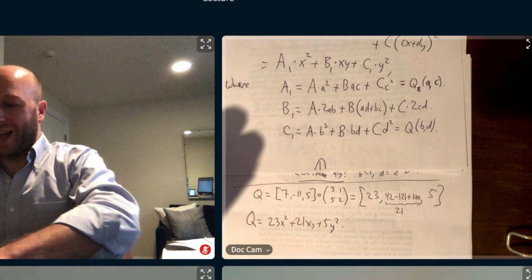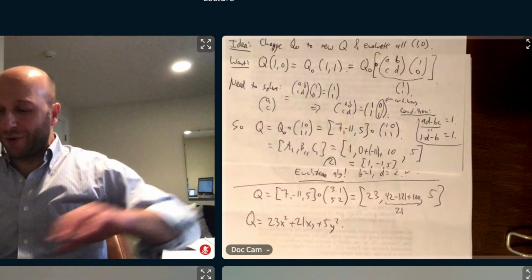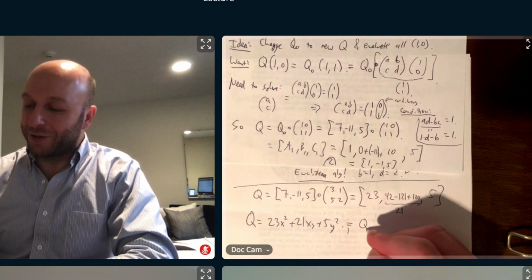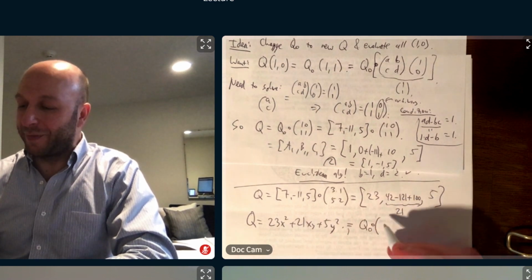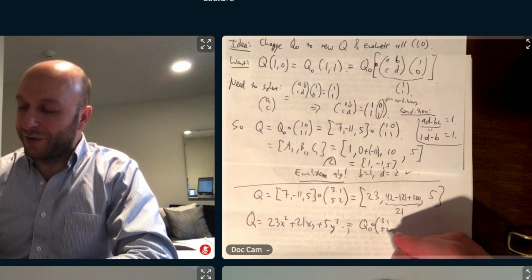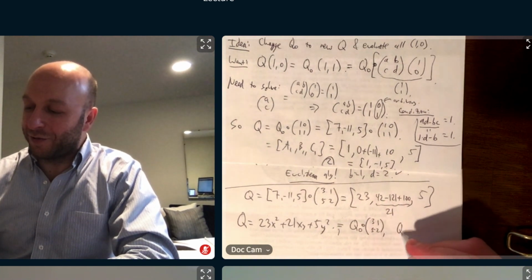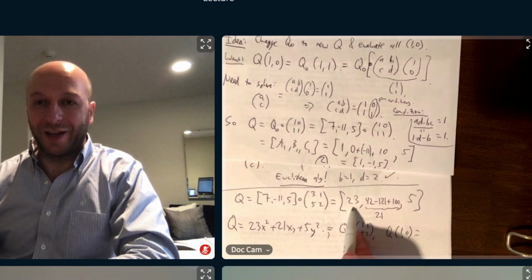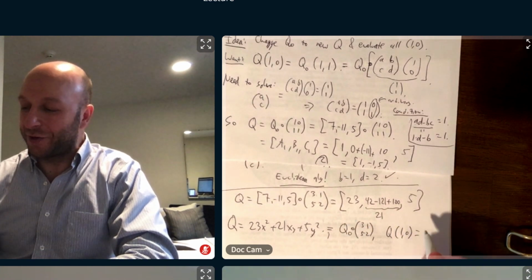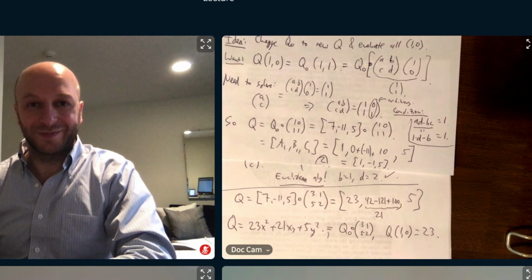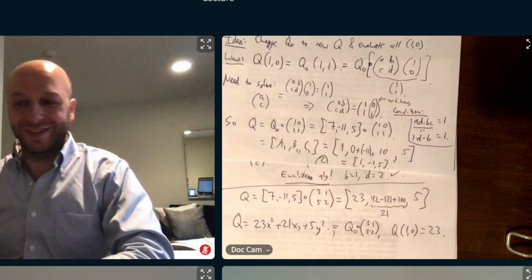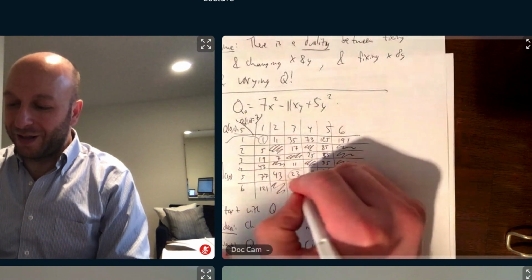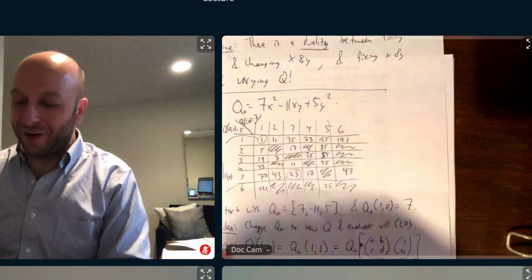And that new form has the property that it's equal to Q0 composed with the matrix 3, 1, 5, 2, and it has the property that Q of 1, 0 is, we don't have to do any hard work, you just read off the first entry, 23.